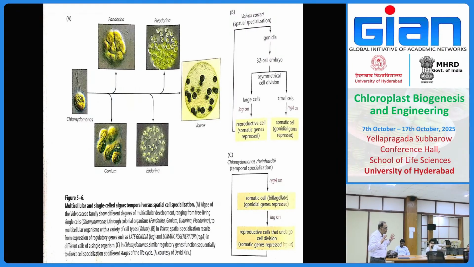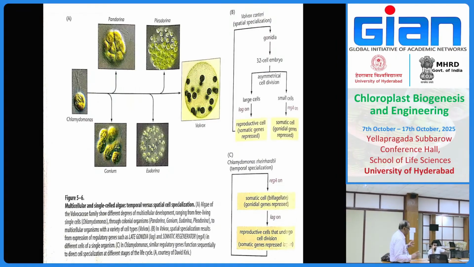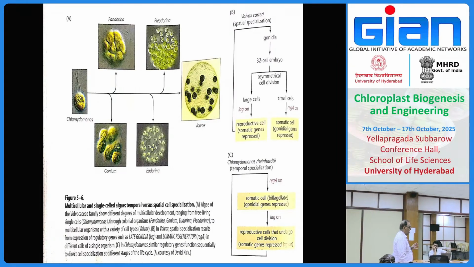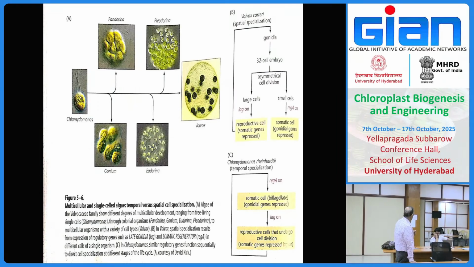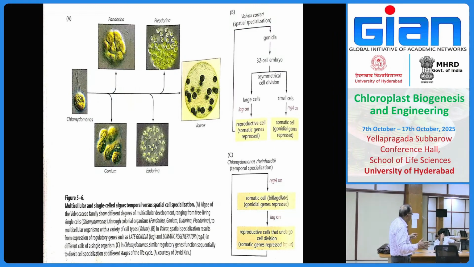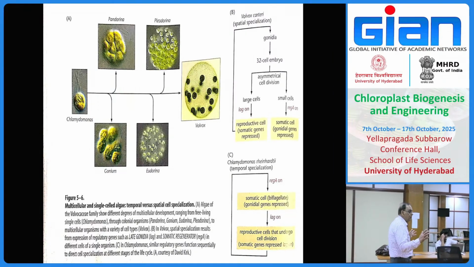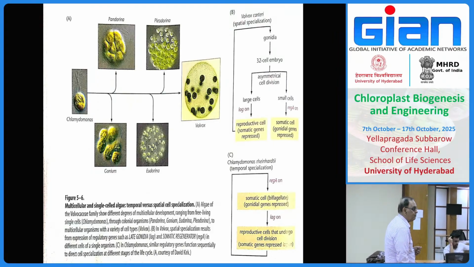So unicellular eukaryotic life was born 1.5 billion years ago. Then after some time, in the process of evolution, a Chlamydomonas-like organism developed.